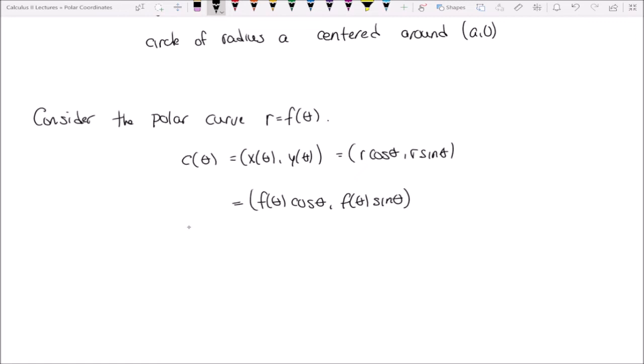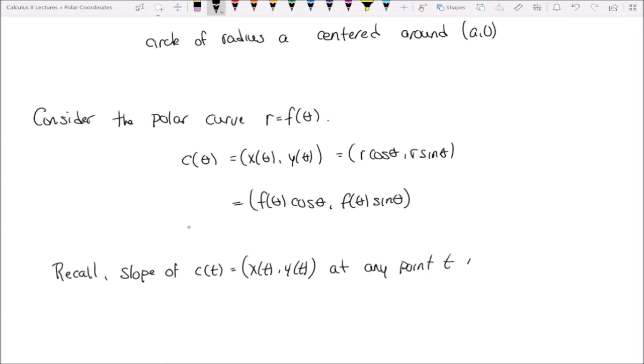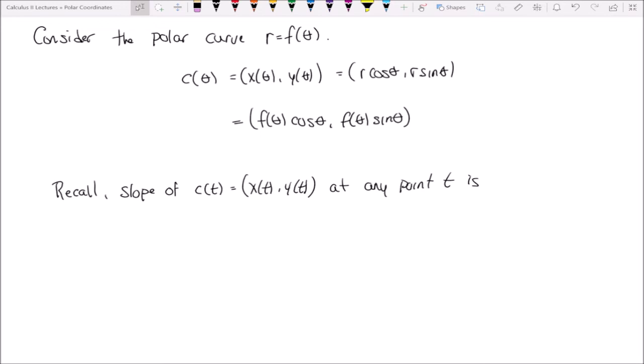So remember that the slope of this parameterized curve is given by dy dx, which was y dot over x dot.